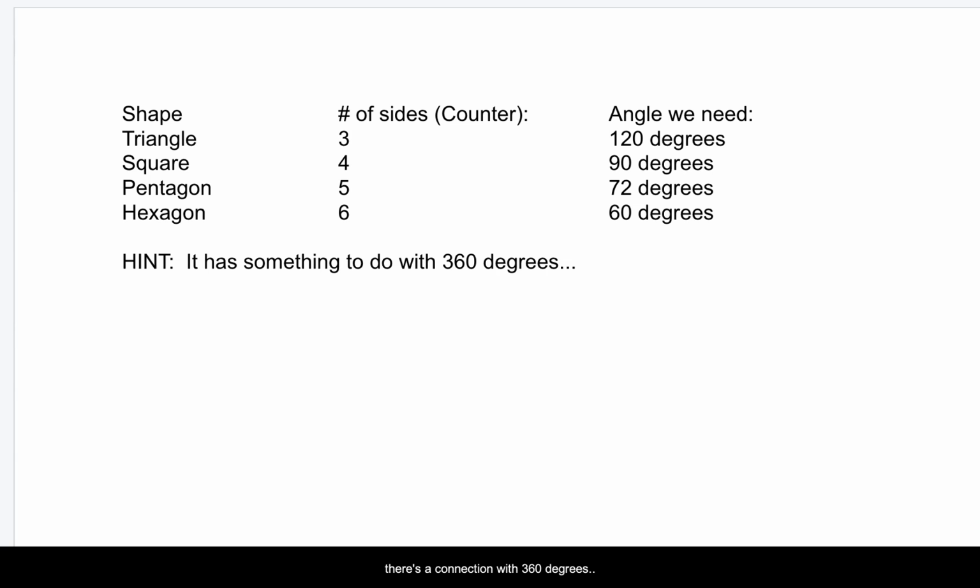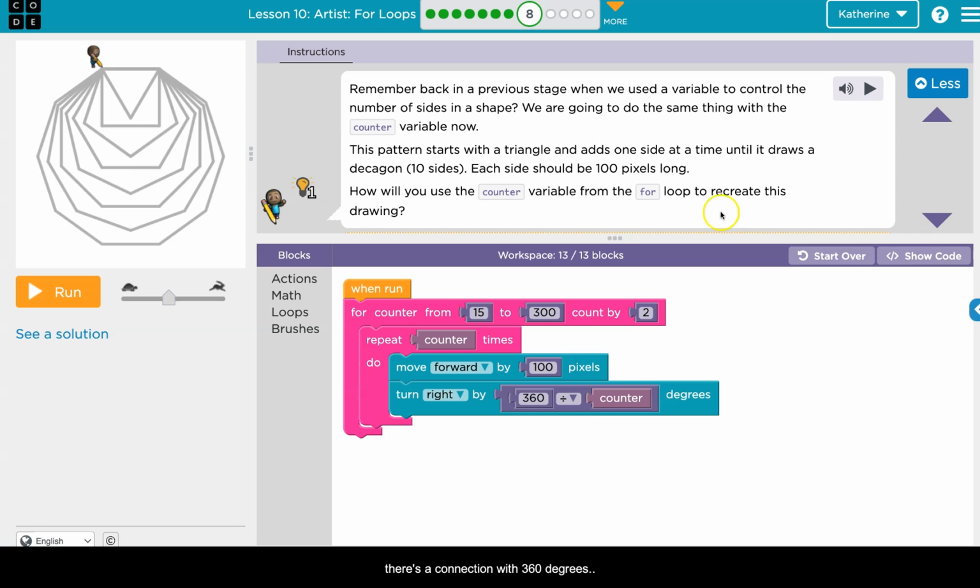Okay, so if you take 360 degrees and divide by the number of sides, that will tell you how much we need to turn. So let's use math in our code. We also need a for loop and a repeat loop with counter in it so that it completes a polygon before it changes the counter.